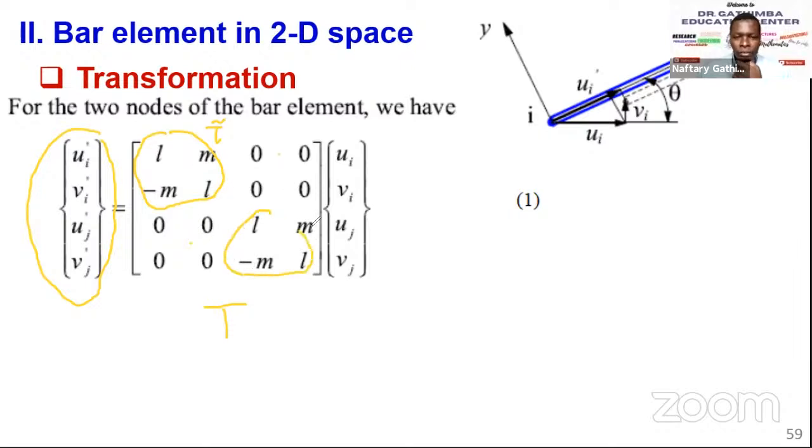The rest is 0, 0. And then we have the nodal vector at the global coordinate system. So this is the transformation. So from the local coordinate system, you don't have to say prime, because you don't have to say I, because we are saying for any node.